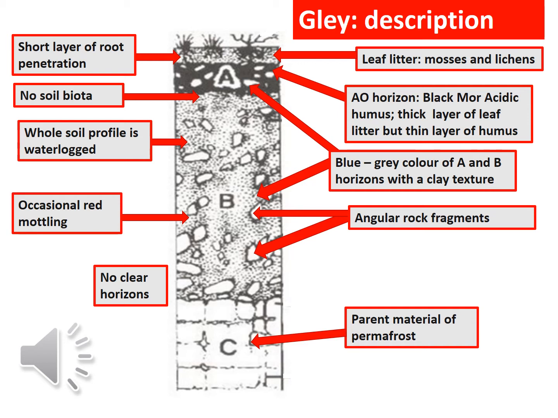No soil biota, so we don't find earthworms, and very little bacterial activity. And then I've said it before, but short layer of root penetration takes us right the way around the diagram with the description. So you need to include all of those descriptions in your copy.